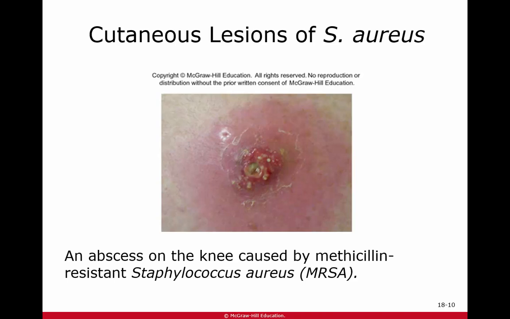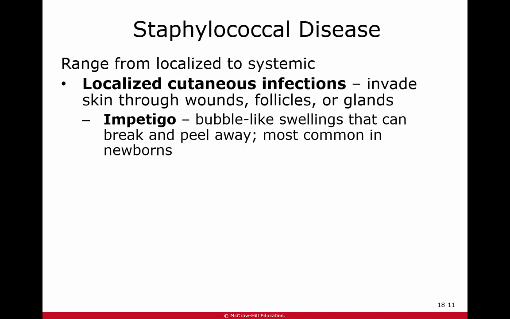Ugly. The diseases range from being localized cutaneous infections to being systemic infections. The localized can invade the skin through wounds or hair follicles or glands. Impetigo would be an example of this. And it is highly contagious and it itches. And we'll talk more about this a little bit further along with one of our lectures today.